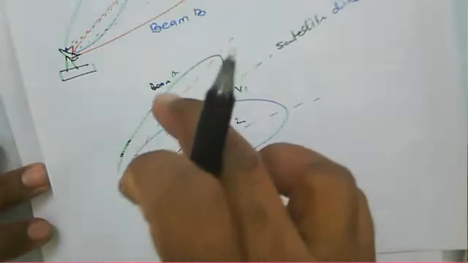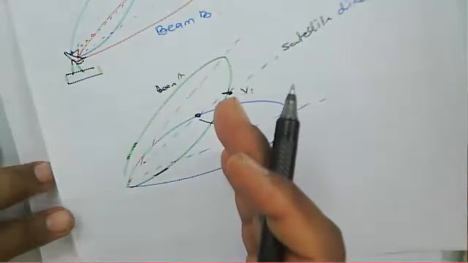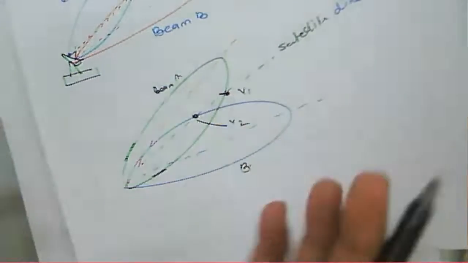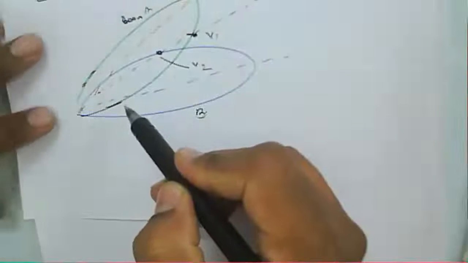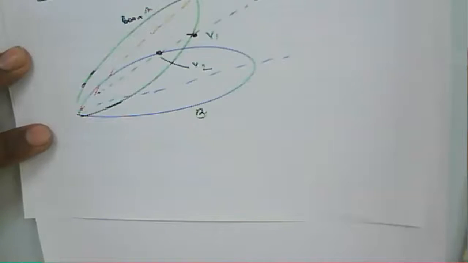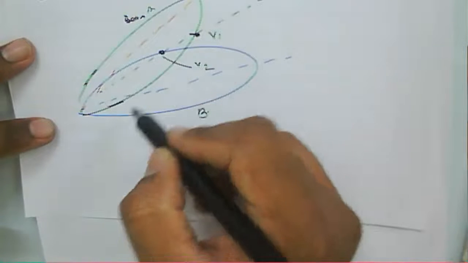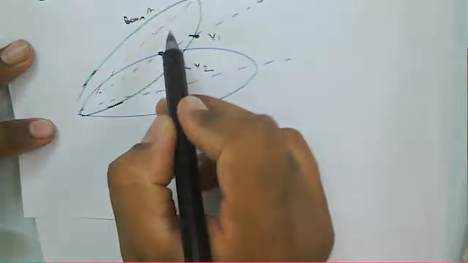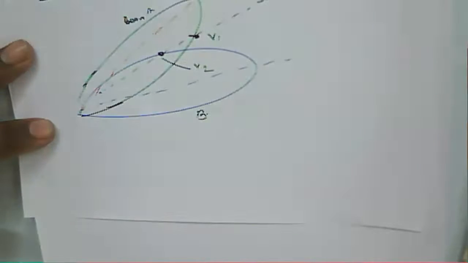When both sides are aligned to the satellite direction, the received signal from each pattern will be equal, the same on both sides. If the beams have an angle with the satellite direction, then the received voltages from these two patterns are different.